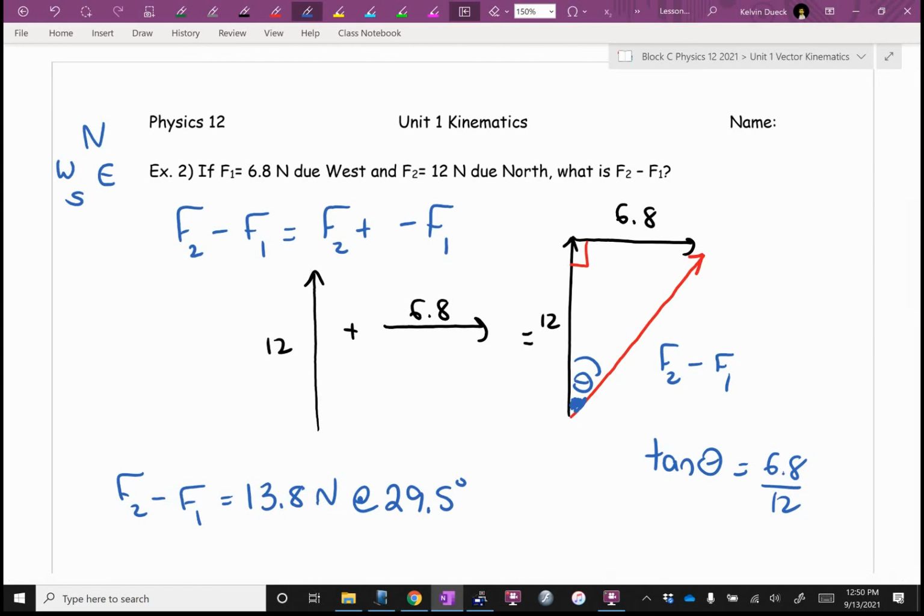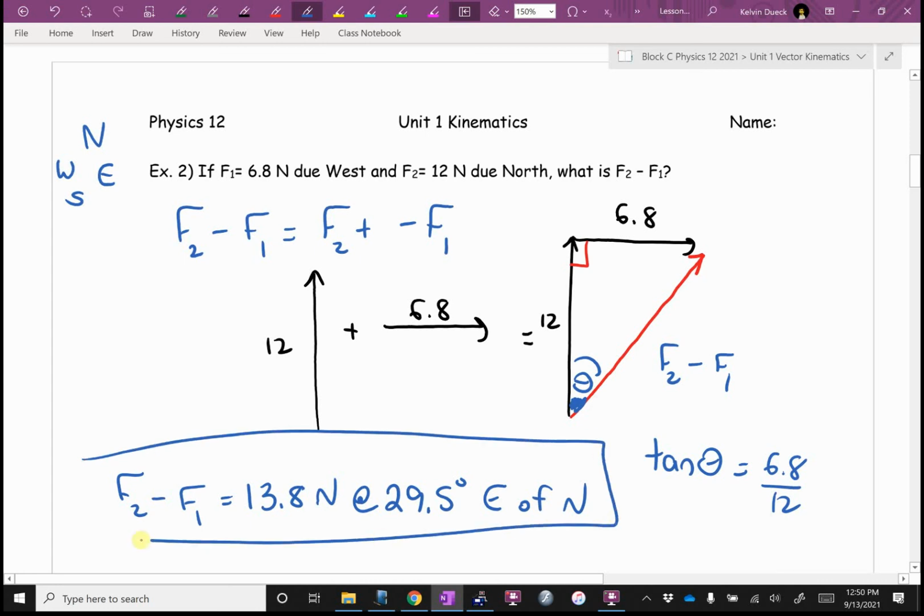The nice line is north, east of. Kiana, you get the same as me? Yep. Okay.